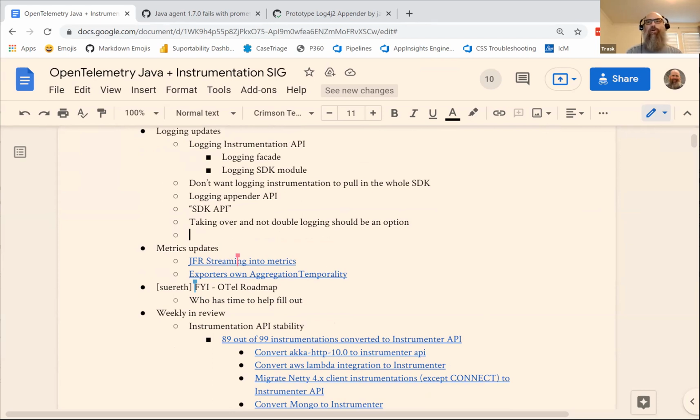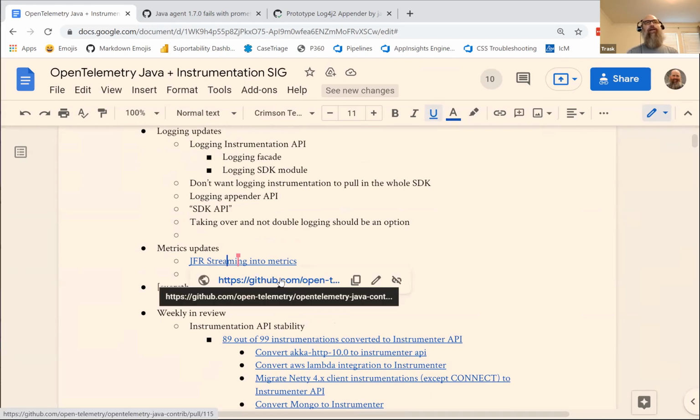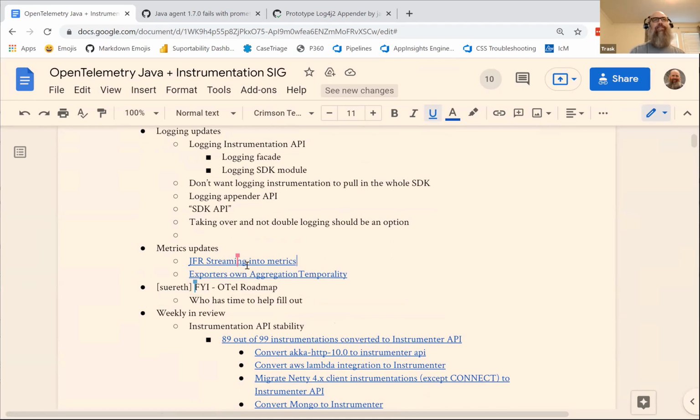Metrics. Oh yeah. If you haven't seen it, if you want to try out Java 17 and JFR streaming in Java 17, this is really cool. And there are some nice examples of how to model metrics.